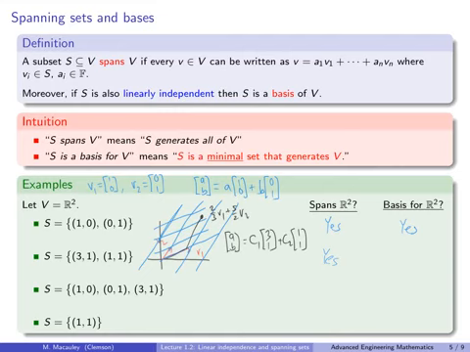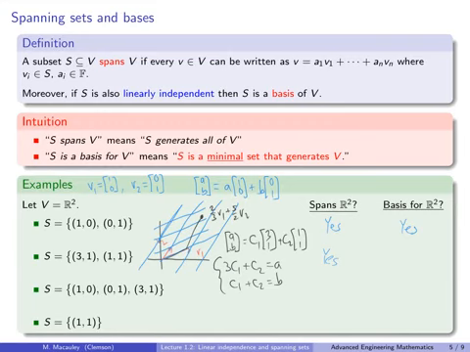So this just says, can you solve the following system of equations? 3c1 plus c2 equals a, and c1 plus c2 equals b. For any fixed a and b, you can always find a c1 and c2 that make this work. So yes, this spans R2.